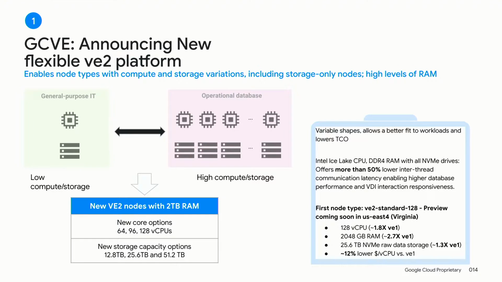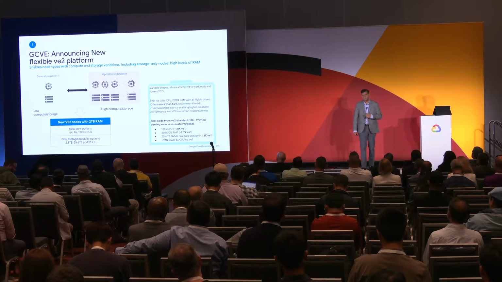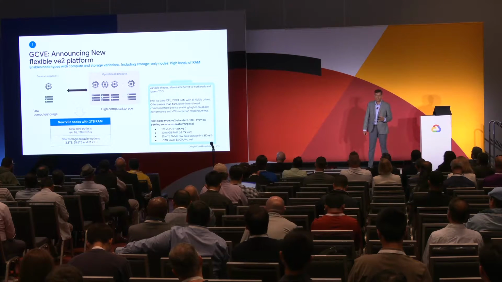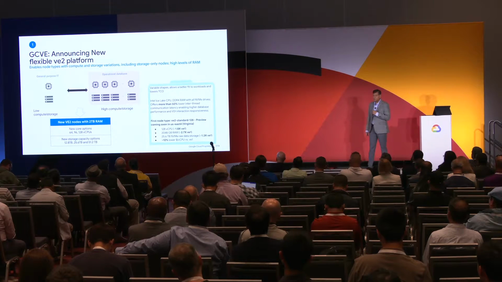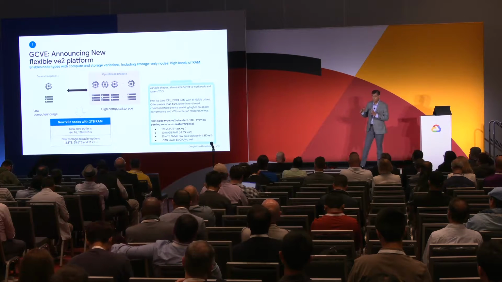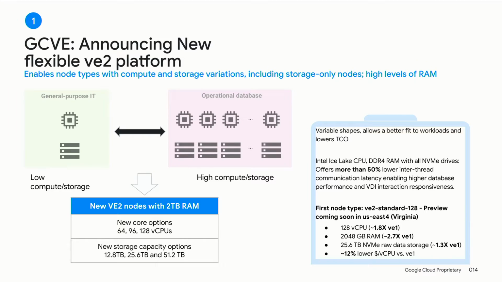It comes with the later generation Intel CPU as well, which in our benchmarking had 50% lower inter-thread communication latency. What that means is your database transactions run faster, and your VDI interactions, mouse clicks, are that much snappier, right? So we are giving you latest generation infrastructure, but also giving you flexibility of configuration to choose at the right optimal TCO.